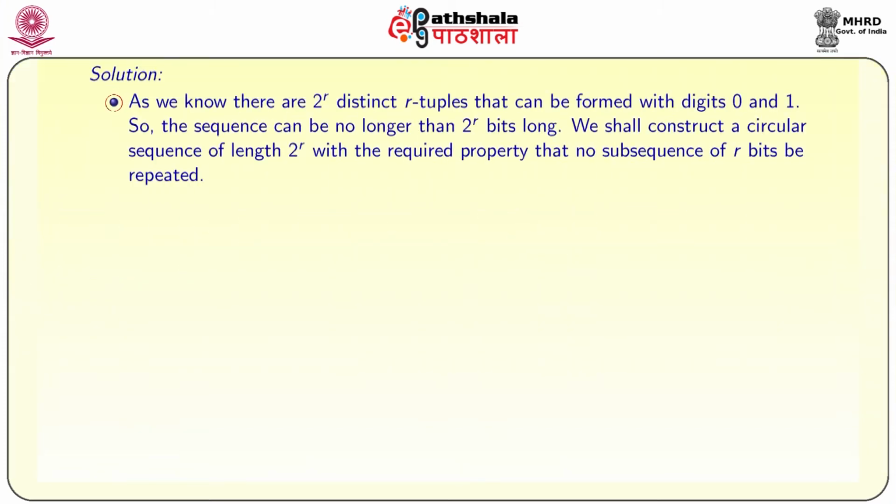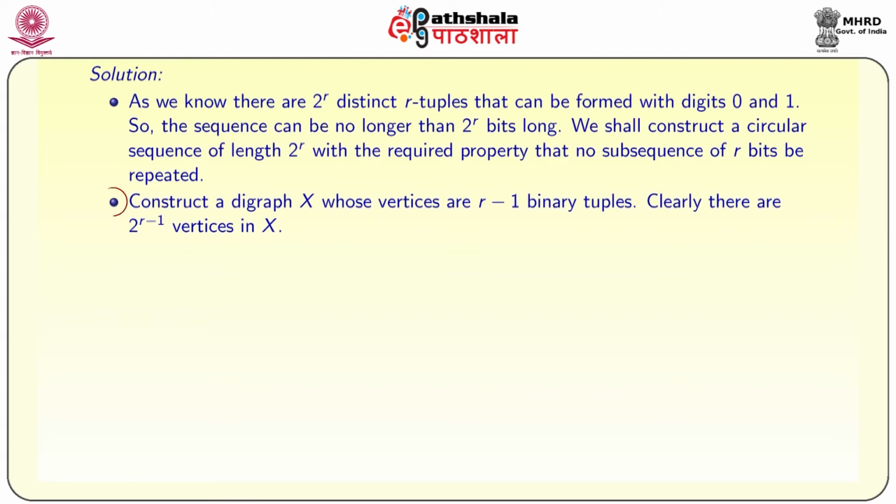So the solution: as we know, there are 2^r distinct r-tuples that can be formed with digits 0 and 1. So the sequence can be no longer than 2^r bits long. We shall construct a circular sequence of length 2^r with the required property that no subsequence of r bits is repeated.